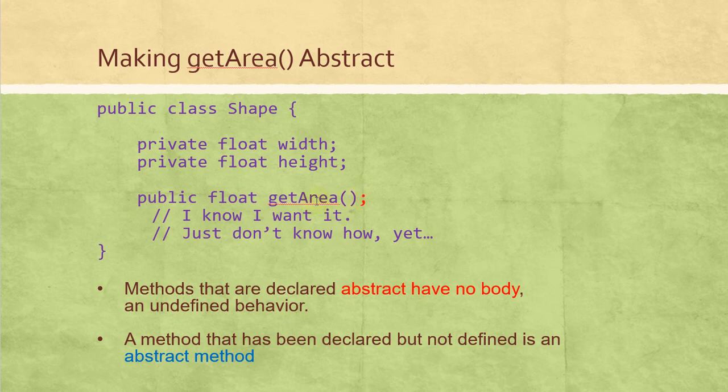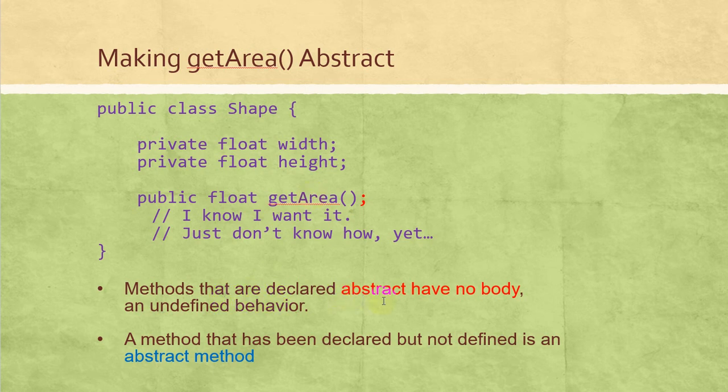Later on this function will be redeclared in the child classes, because we know there is a functionality to get area, but we were not sure about its specific functionality, how the area will be defined for a specific object, for example Triangle or Rectangle.